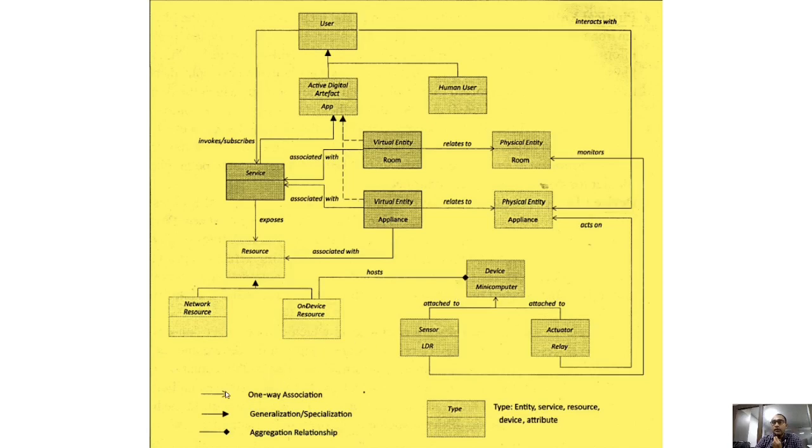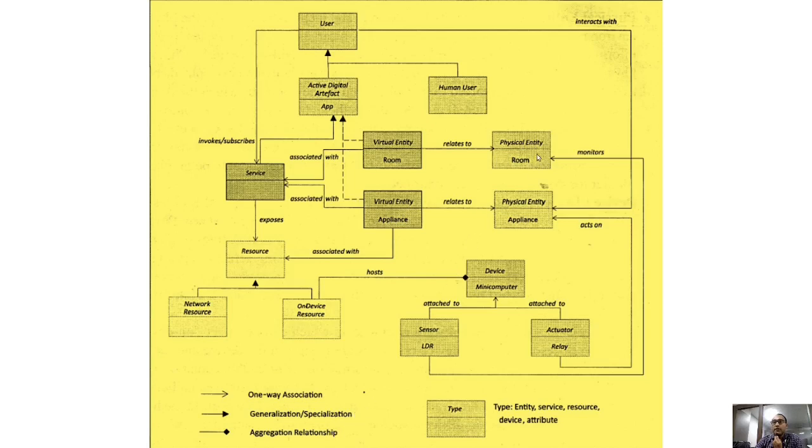Here certain arrows are used. If there is a skeleton arrow like this, it's a one-way association. Similarly, if there is a solid arrow, it's a generalized or specialized relationship. If there is a solid diamond arrow, it represents an aggregation or close relationship.